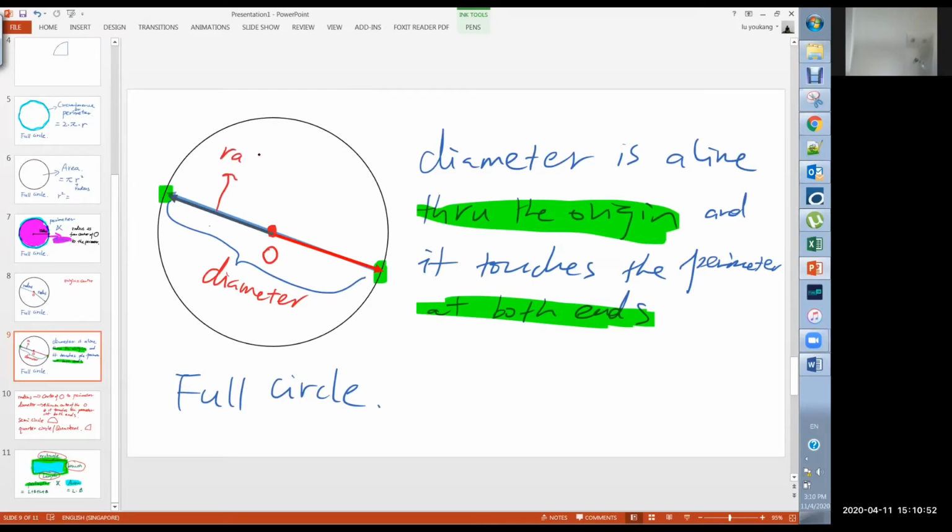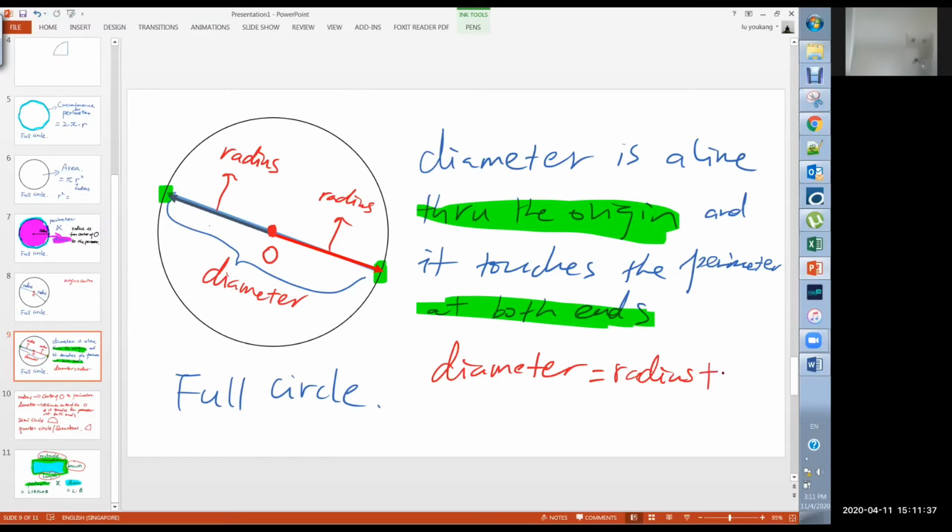Then your red one is also your radius, right? So that means your diameter is actually equal to radius plus radius. What operation? Plus.